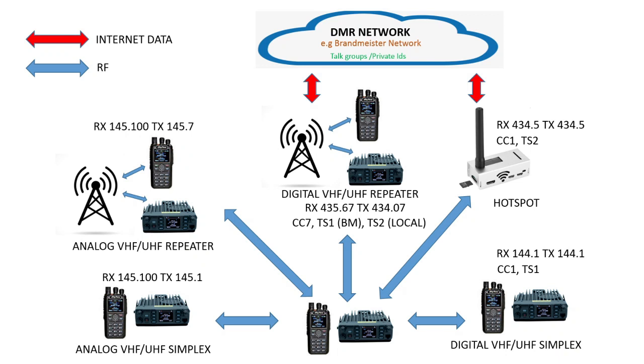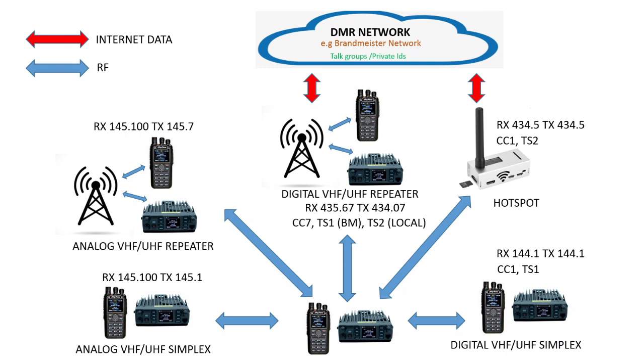Now, along with the frequencies, there are some other parameters that need to be configured in your radio to have a successful communication. This particular repeater requires you to set the color code as 7. There are other parameters, namely time slot, which is indicated by TS, that needs to be configured.